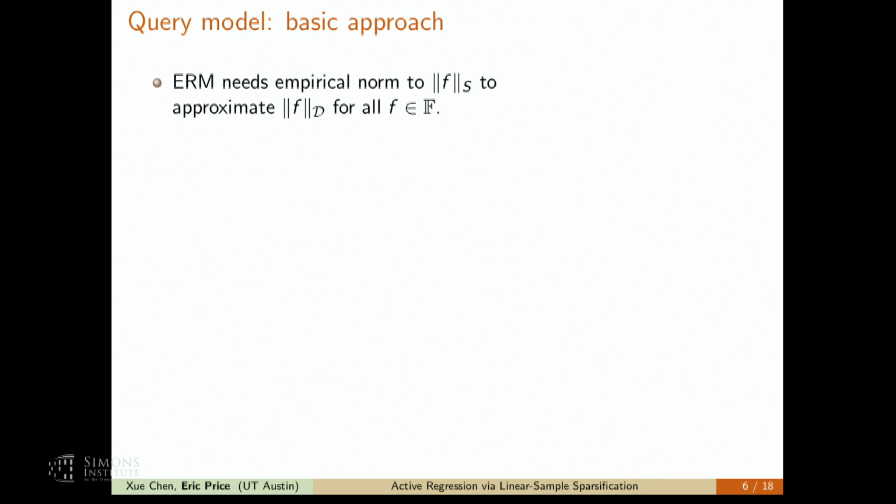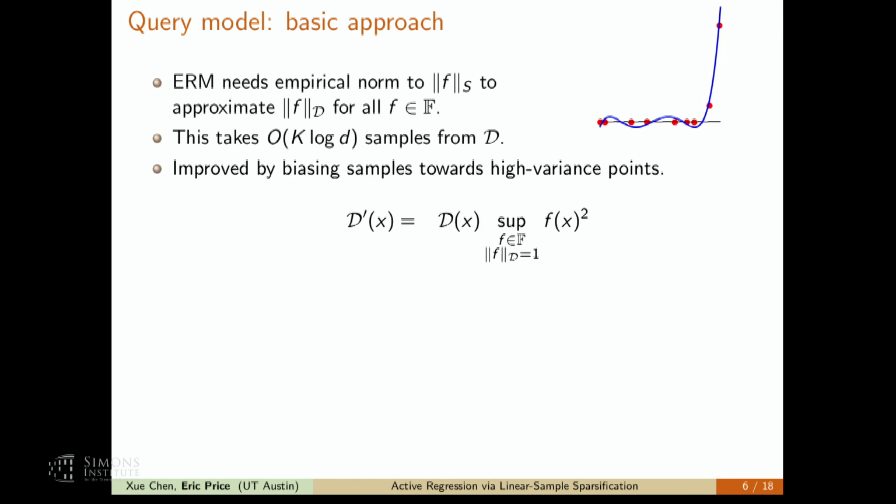A lot of the intuition comes from trying to just approximate the norm of functions in our class. And this took, as we saw, k log d samples to approximate. It certainly takes k samples to get anything in the edge. But if we do some importance sampling, then we're going to sample more towards the edges.